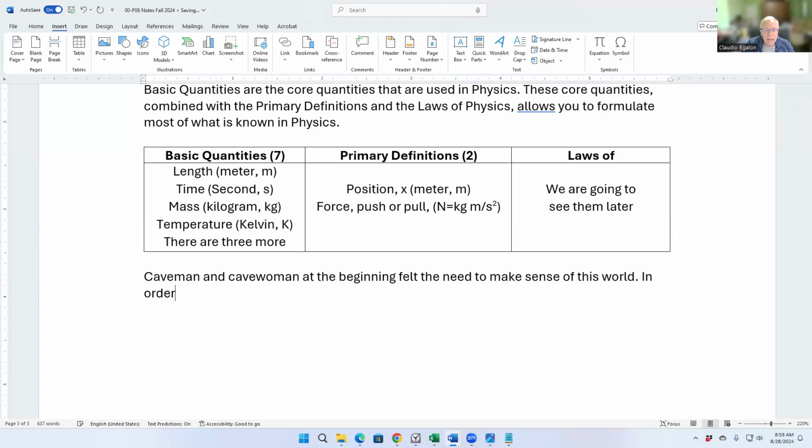In order to do that, we had to invent some abstract concepts that were then implemented in practice.